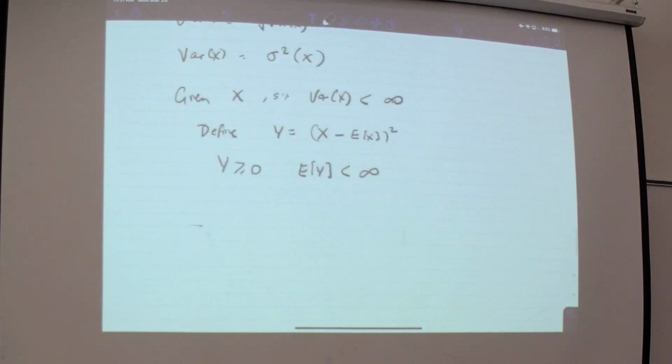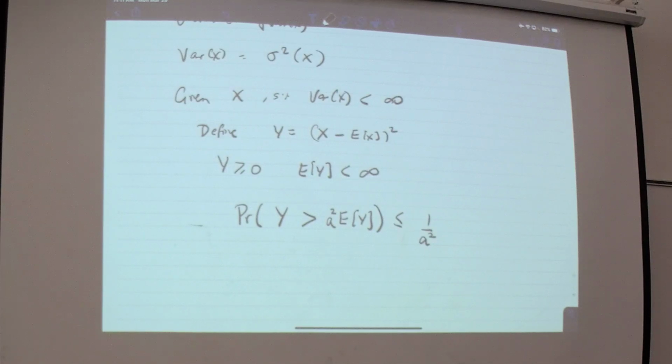Right? So we can say something like the probability that y is greater than E of y times a is less than or equal to 1 over a. I mean, that's all well and good. In fact, just to make things convenient, I'm going to put a square, and you'll see why.